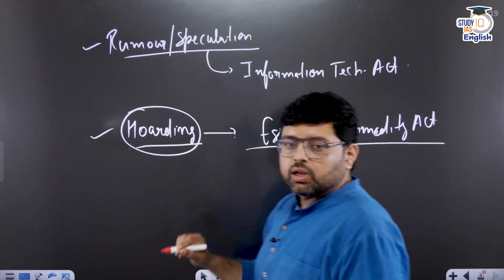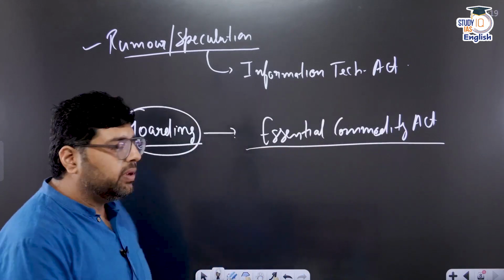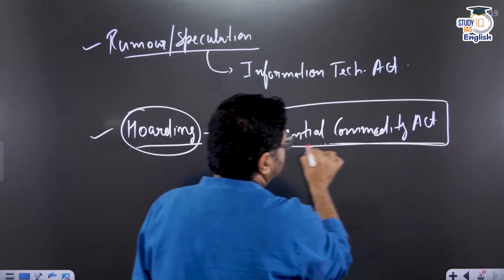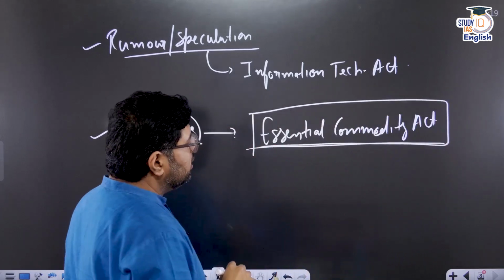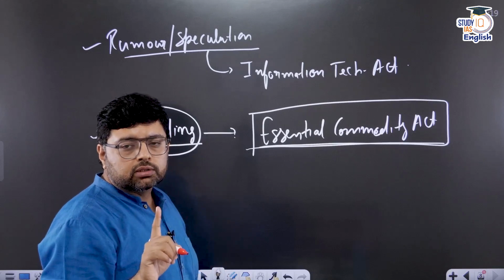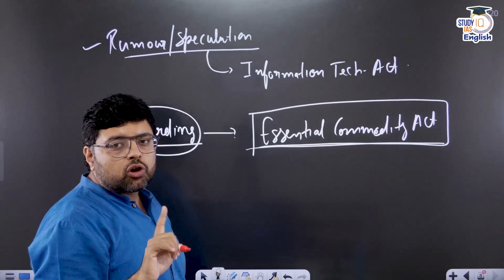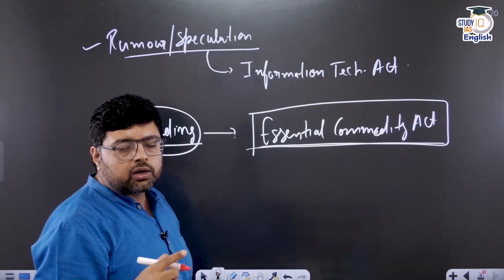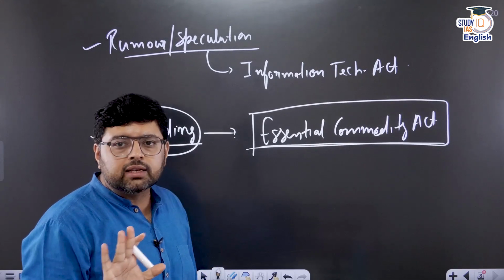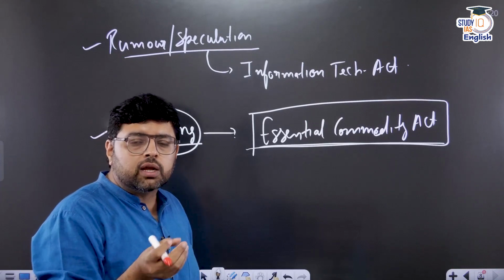Now when I am talking about the Essential Commodity Act, what does it mean? Here in the Essential Commodity Act, we are only talking about essential products. If there is a non-essential product, or luxury product, hoarding is allowed, or there is no concern for that.